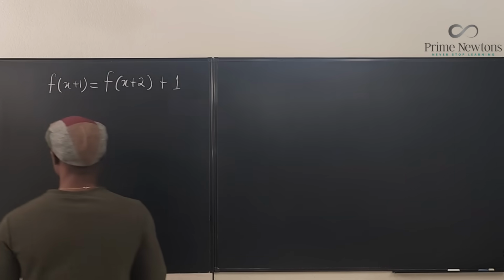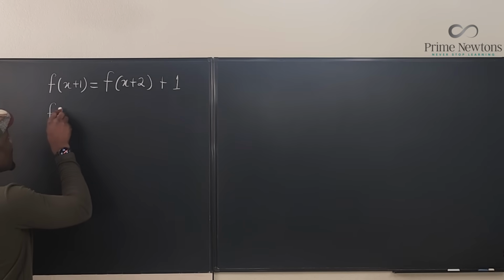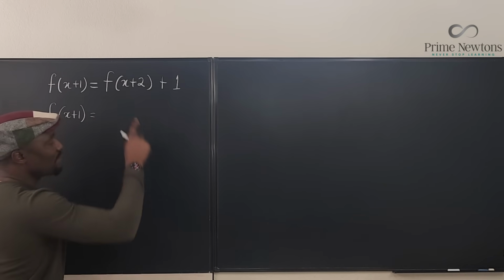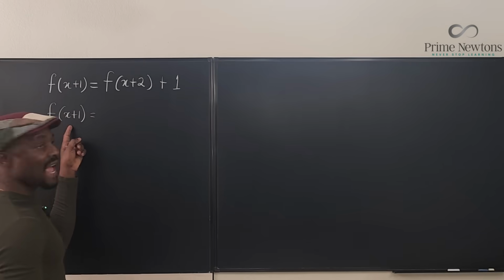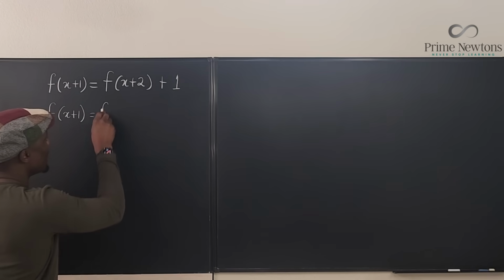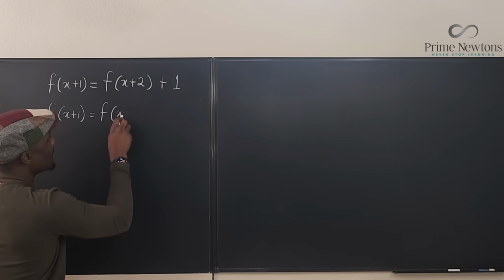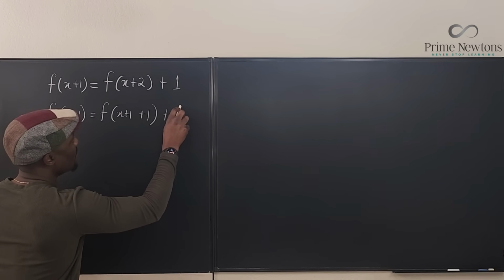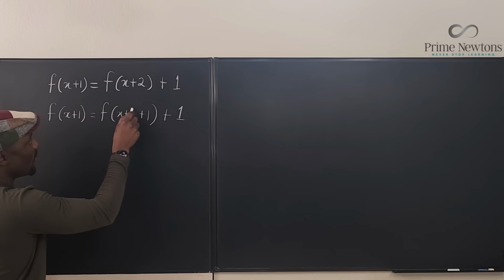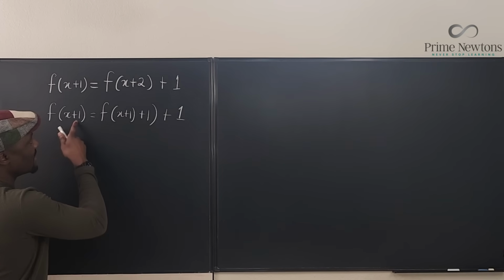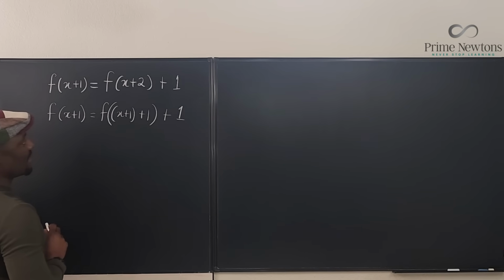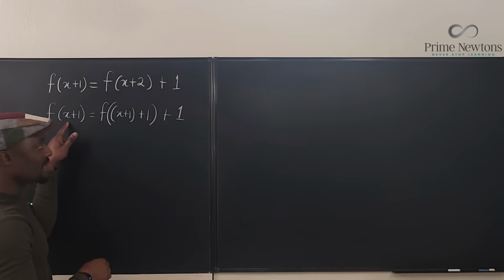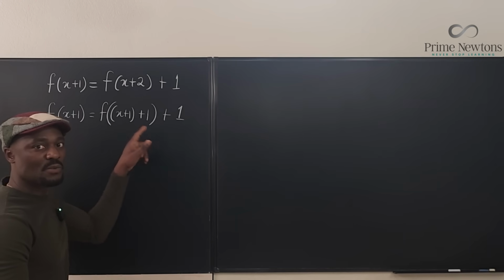So we can say that f of x plus 1 equals, I'm going to write it as f of x plus 1 plus 1, so I can get what I have here also on the right hand side. Okay, so if this is the input, then this side is the input plus 1, right?